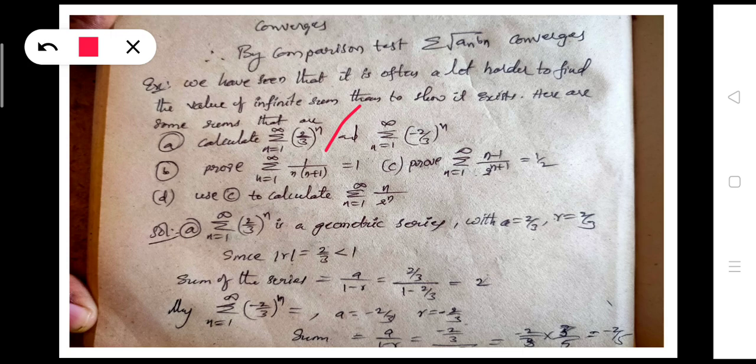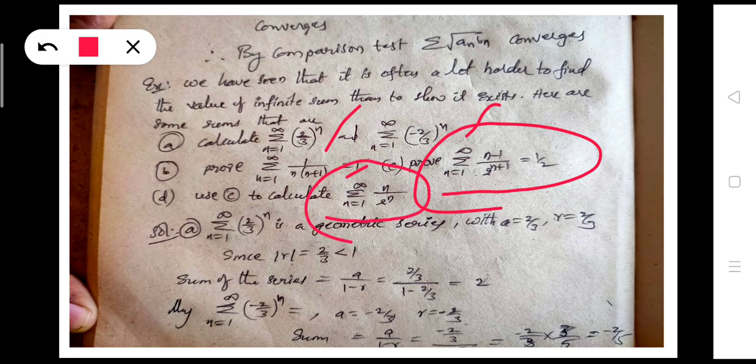Sigma n is equal to 1 to infinity minus 2 by 3 whole power n. Prove sigma n is equal to 1 to infinity 1 by n into n plus 1 is equal to 1. And prove sigma n is equal to 1 to infinity n minus 1 by 2 power n plus 1 is equal to 1 by 2. And calculate sigma n is equal to 1 to infinity n by 2 power n.